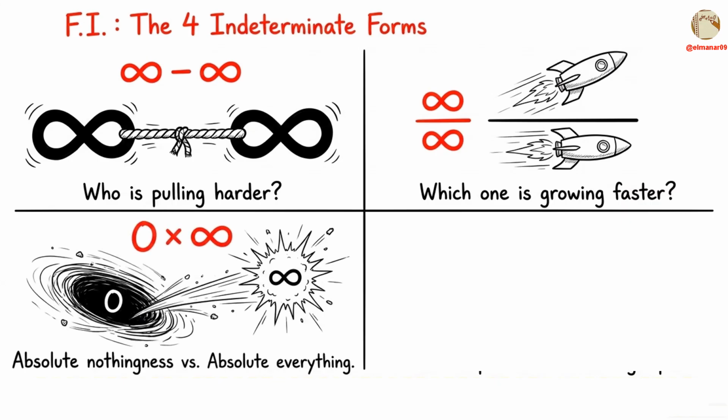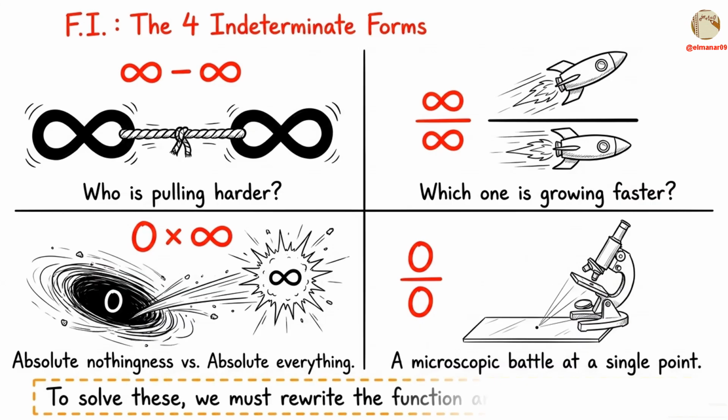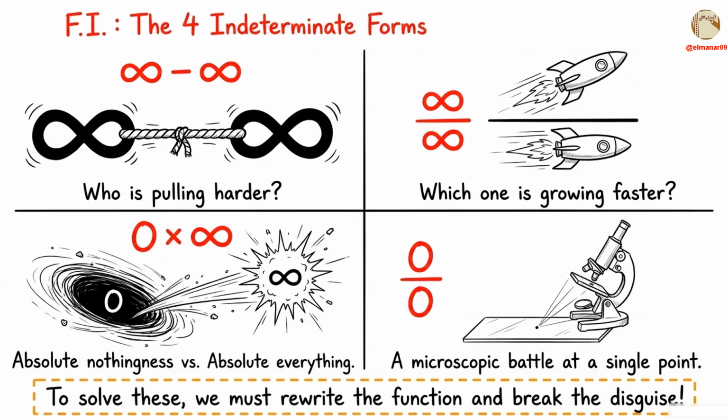Third, 0 times infinity. Absolute nothingness versus absolute everything. Who wins? And finally, 0 divided by 0, a microscopic battle at a single point. When you see these, don't panic. It just means the function is wearing a disguise. To solve them, we have to use algebra to unmask the real limit.